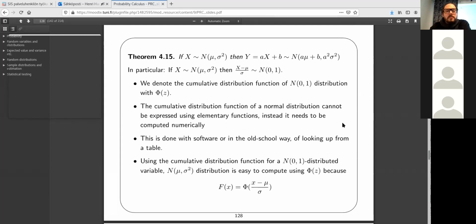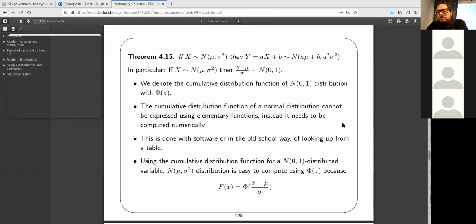Some important theorems that can be proven from the definition: if we have a normal distribution and we apply any linear transformation to it, then the resulting distribution will also be a normal distribution.